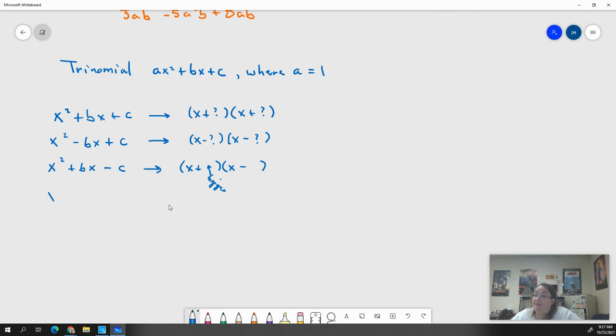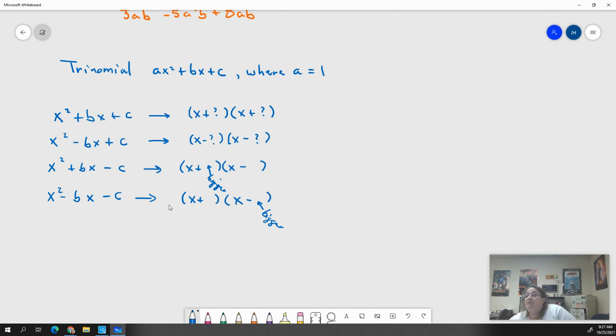If I have x squared minus bx minus c, I'm still going to have an x plus something times an x minus something, but this factor will be bigger, right? So notice when we have a negative c term, our bigger factor depends on what our b is, right?